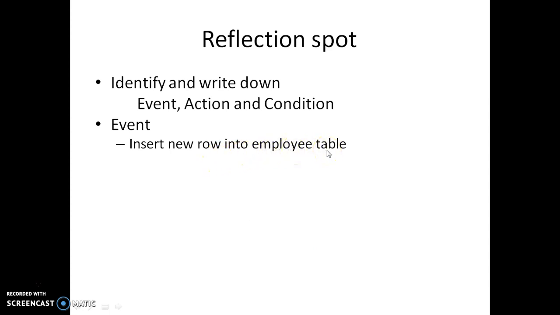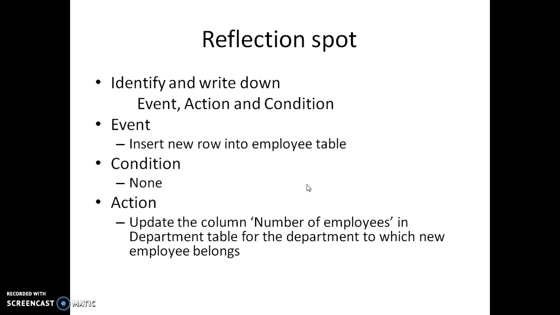So the trigger has to be executed whenever a new row is added to the employee table, and we don't have any specific condition. Whenever this event happens, we have the action. The action is that we have to update the number of employees column in the department table, and we are not going to update all the number of employees fields. We are going to update the particular row of the department where this new employee belongs.